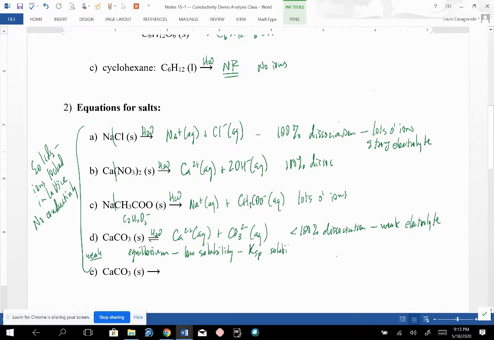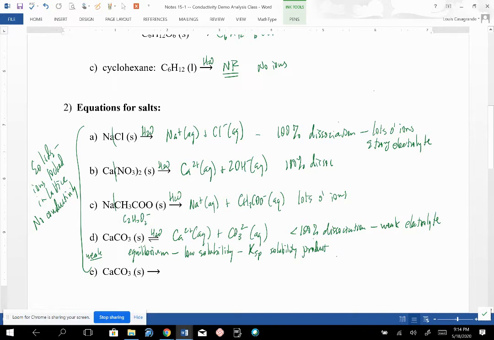And you don't need to worry much about that. But just the fact that some salts that we originally said were not soluble, like if you look at your solubility rules, calcium carbonate is going to come up as not soluble. It actually has a small but non-zero dissociation, and that would have been given by a KSP.